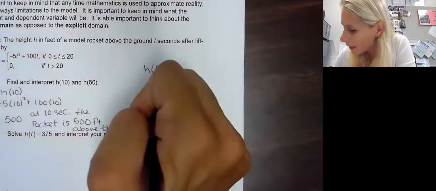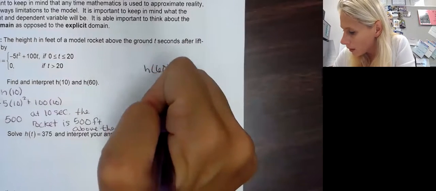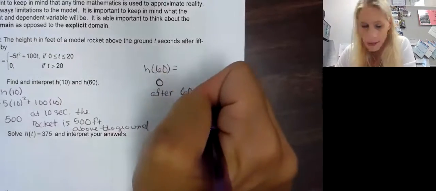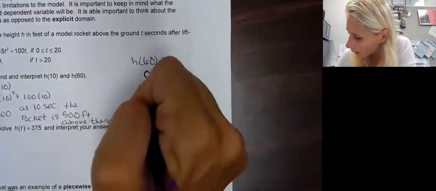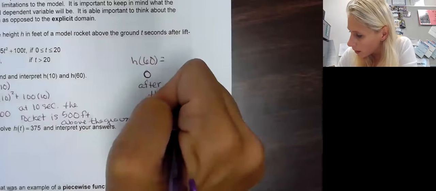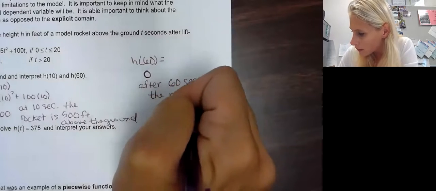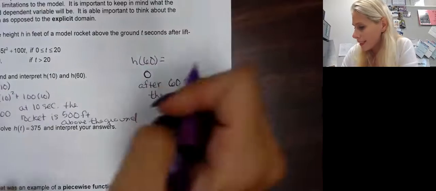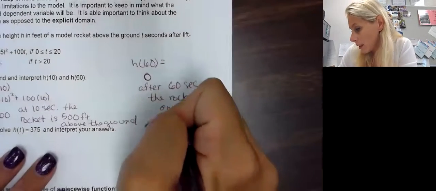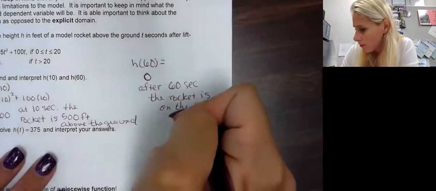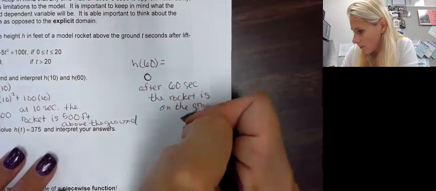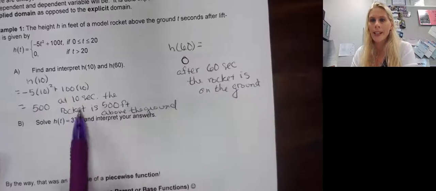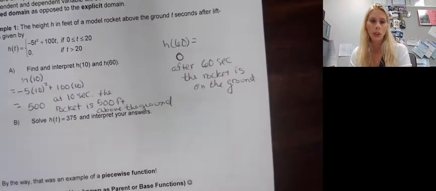Okay, so we can say after 60 seconds, the rocket is, you can say 0 feet, you can say is on the ground. But anytime you see the word interpret, you're actually putting it in a sentence according to the situation, okay?